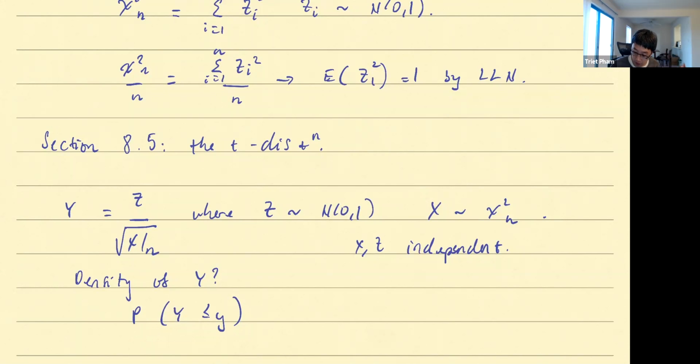If I were to carry this out, that would be exactly the probability of Z over the square root of X over n less than or equal to y. How do I proceed? Suppose I stay with the CDF technique here.